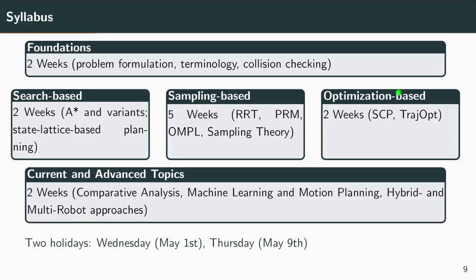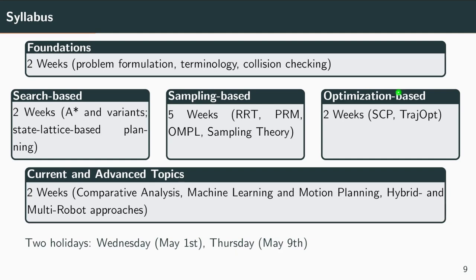The second and potentially biggest and most important group is sampling-based planning. Most important, I say, because that is still the method that most people would try first when they attempt to solve challenging problems, and where also a lot of research still lies.